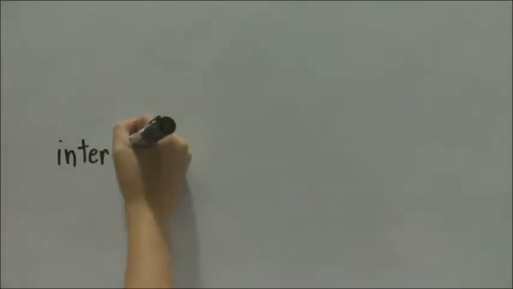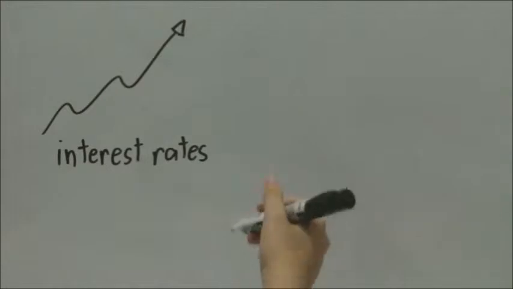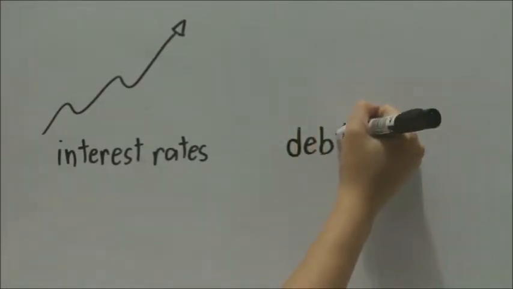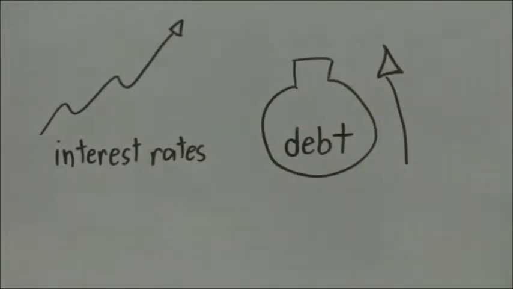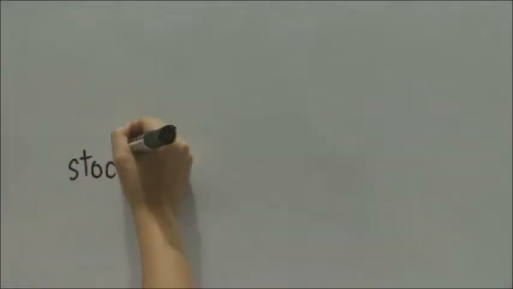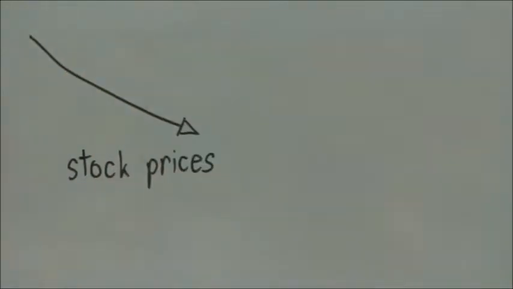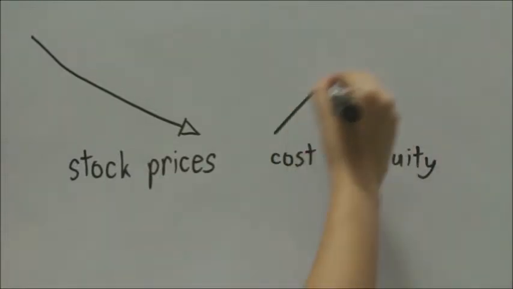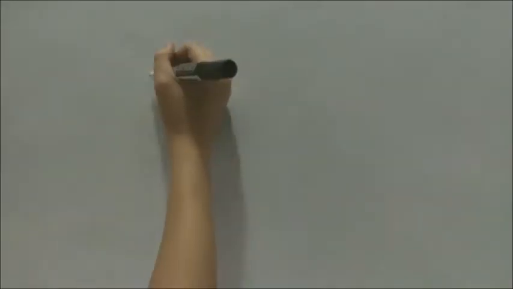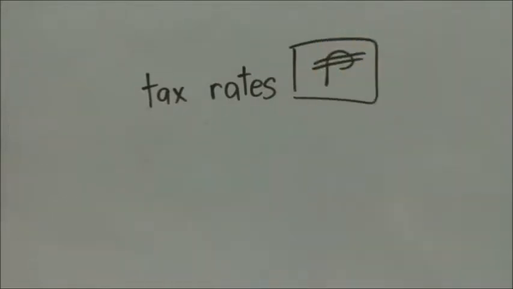If interest rates in the economy rise, the cost of debt increases because the firm must pay bondholders more when it borrows. Similarly, if stock prices in general decline, pulling the firm's stock price down, its cost of equity will rise. Tax rates have an important effect on the firm's cost of capital.